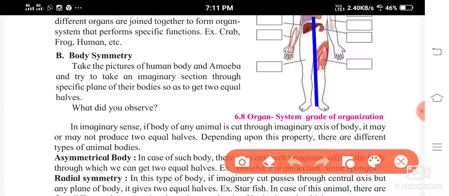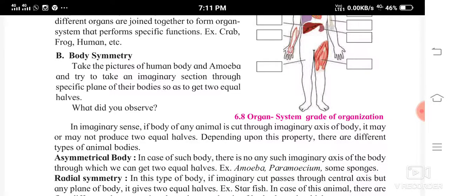You can take a vertical plane like this, so as to get two equal halves. What did you observe? In an imaginary sense, if the body of any animal is cut through an imaginary axis of the body, it may or may not produce two equal halves. Depending upon this property, there are different types of animal bodies.